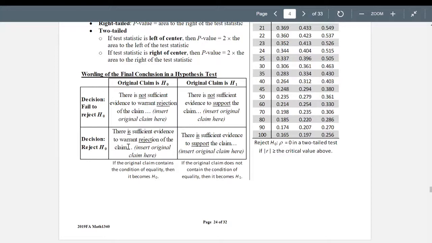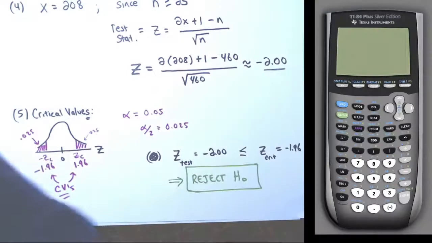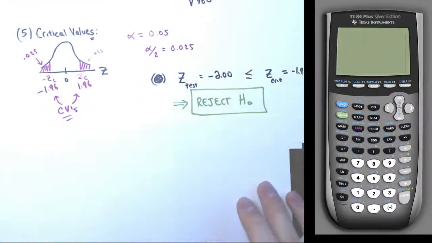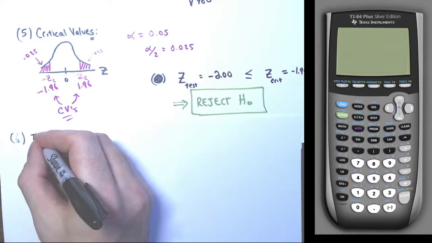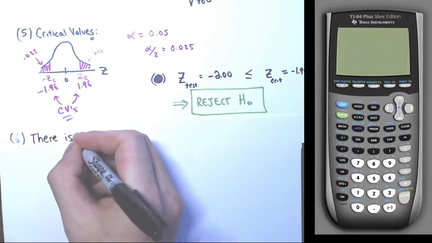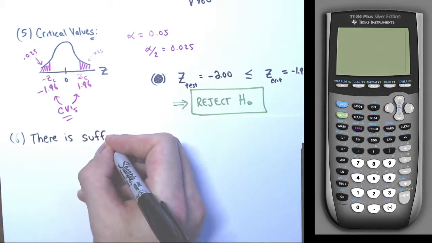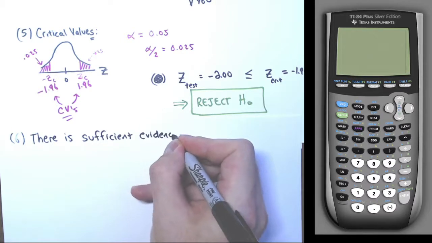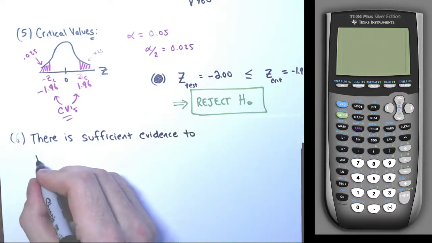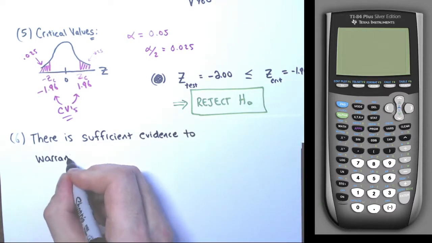But again, the more proper wording, which I'll write out here, right? So the conclusion: there is sufficient evidence to warrant rejection, warranting rejecting of the claim.